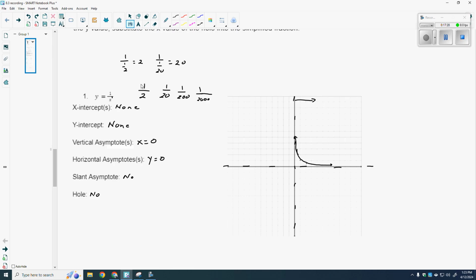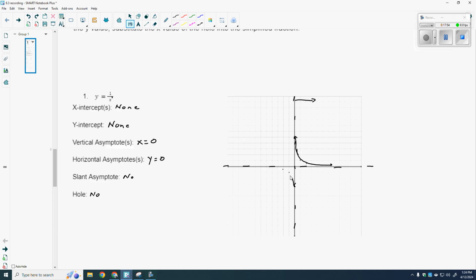Okay, on the other side, what happens if x is equal to negative 1? Well, if x is negative 1, then 1 divided by negative 1 is negative 1. If x is negative 2, it's a negative half. If x is a negative half, it's a negative 2. And we get the same looking shape, just on the negative side. So it comes like this.